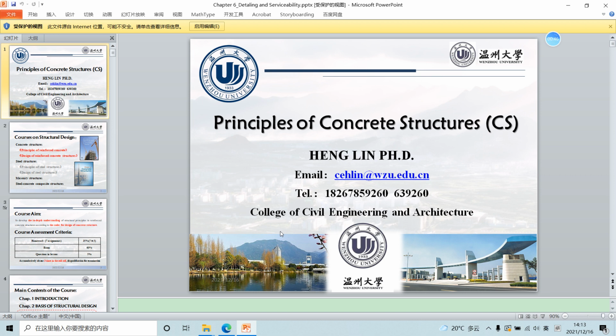In the last class, we finished chapter 5 about column design. Some students may feel this chapter was very fast, faster than the previous chapters.